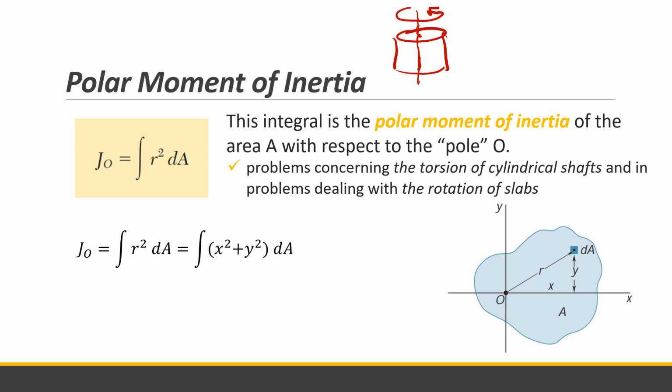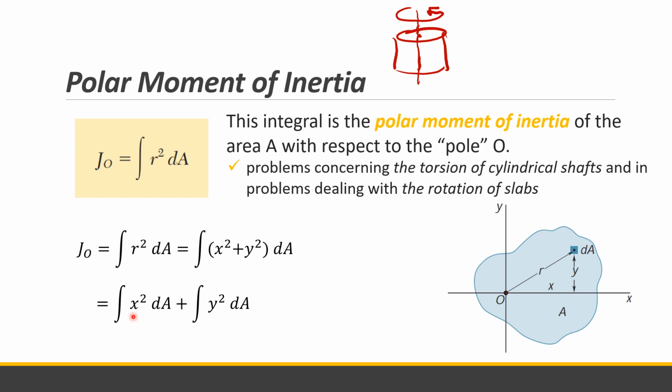From the formula, J sub O is equal to the integral of r squared dA. Using the Pythagorean theorem, r squared is equal to x squared plus y squared. Substituting the value, this is the integral of x squared plus y squared dA. We separate it into x squared dA plus y squared dA.